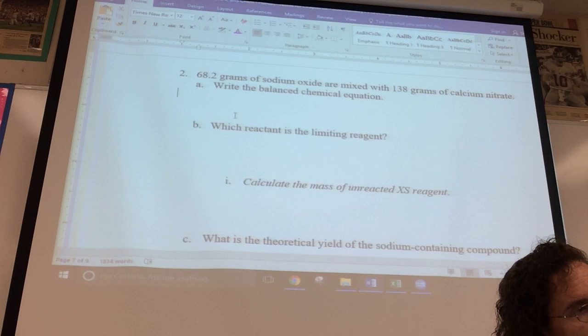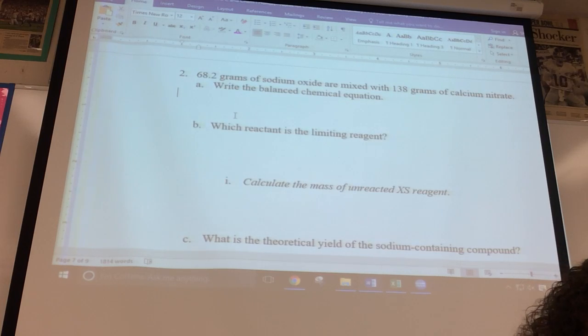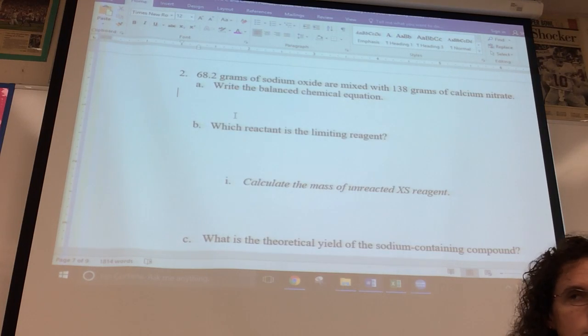Go ahead. Would be Na2O. Yep. And then Ca. Says calcium nitrate.